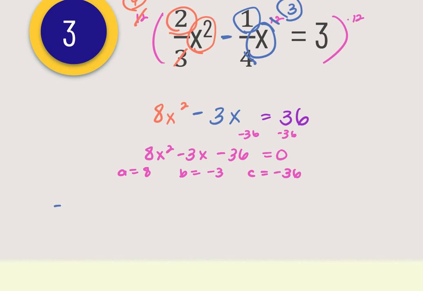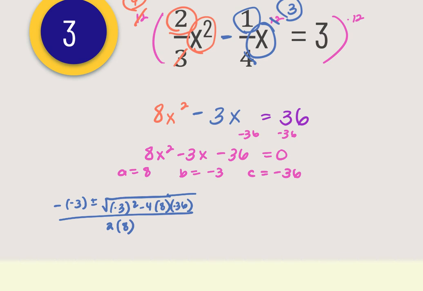I get negative B plus and minus the square root of B squared minus 4 times A times C all over 2 times A. So I get 3 plus and minus the square root of 9. Negative 4 times 8 is 32. Will be negative 32.